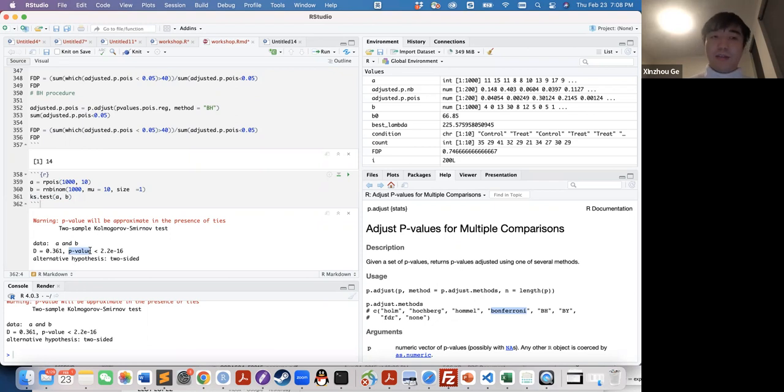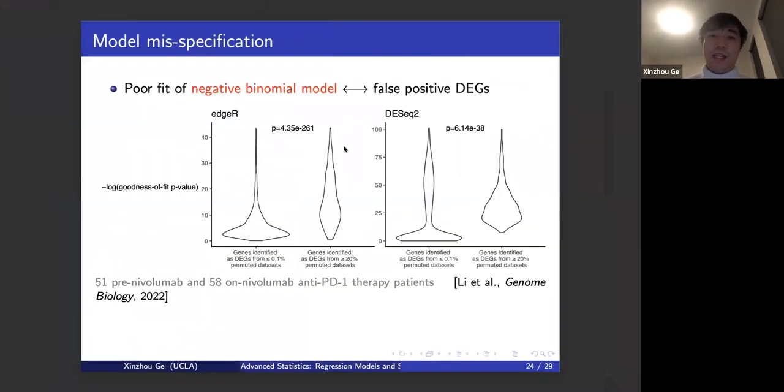So what we did was to test whether the counts for each gene are similar to the estimated negative binomial distribution from the model. A small p-value indicates that they are not a good fit.